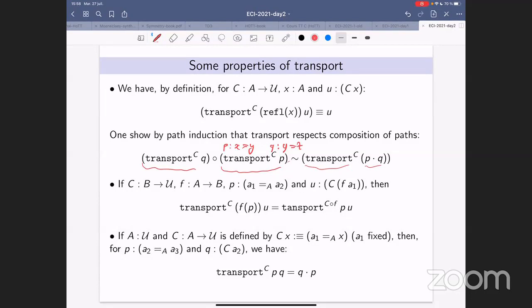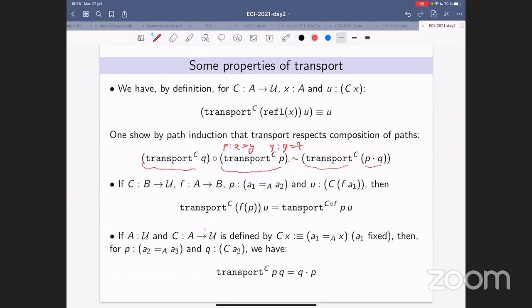So the next property is that if you have a type family C over B, and if you have a function f from A to B, then you can compose C with f, and you get C composed with f, which is another type family, but indexed by A, not indexed by B. And so if you now have a path from A1 to A2 in A, you can apply f to it because we already know application.